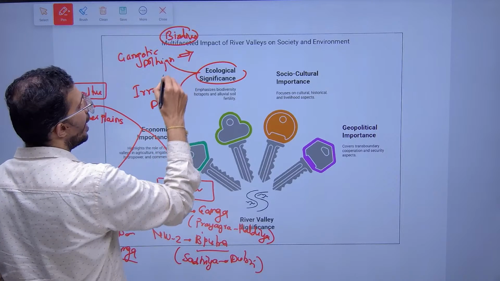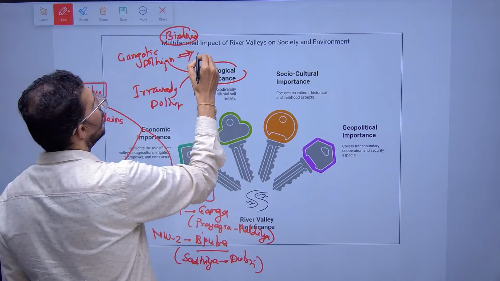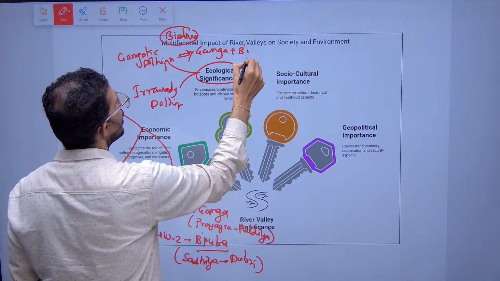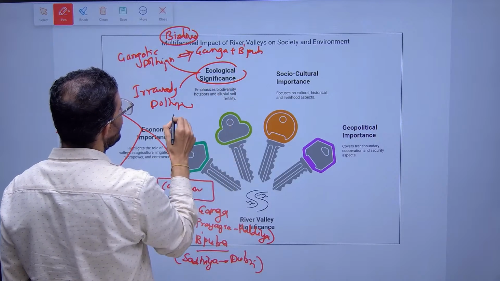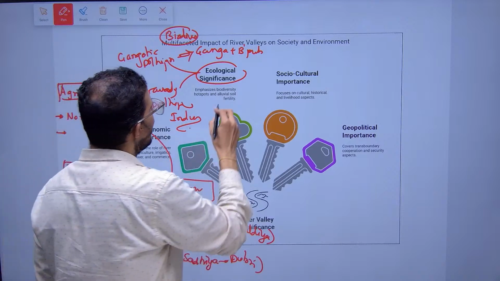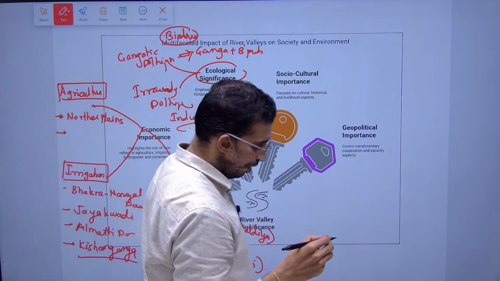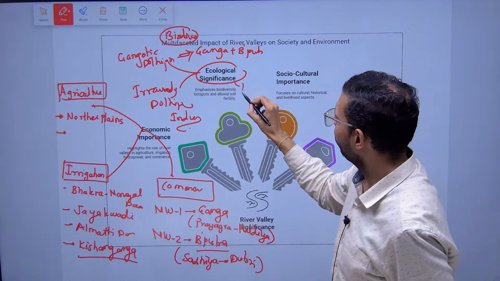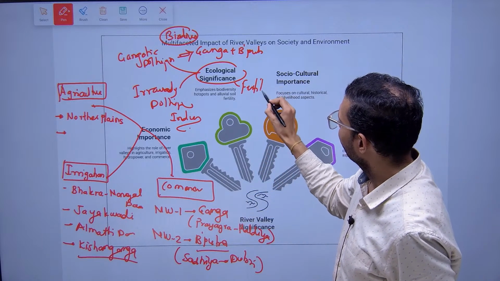Gangetic dolphin, national aquatic animal of India, is found in the Ganga and Brahmaputra rivers, and Irrawaddy dolphin in the Indus river system. And these rivers, Ganga and Brahmaputra, give fertile alluvial land.